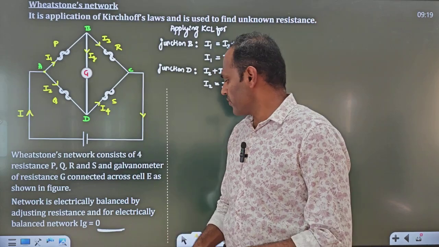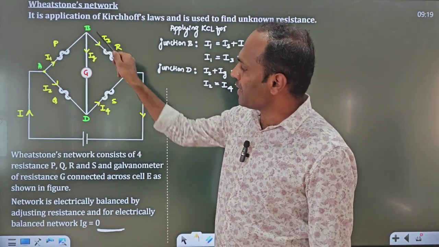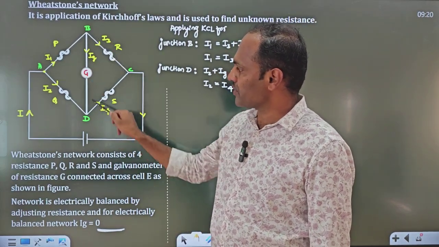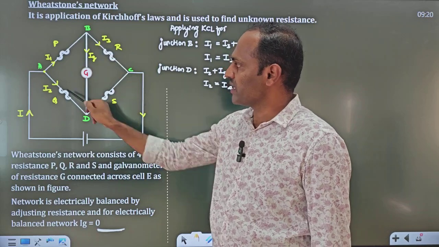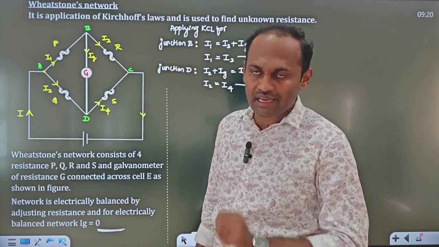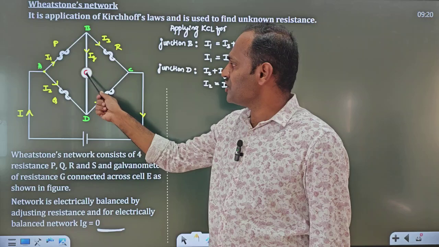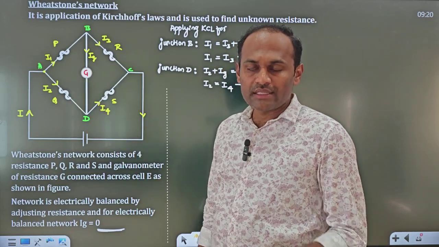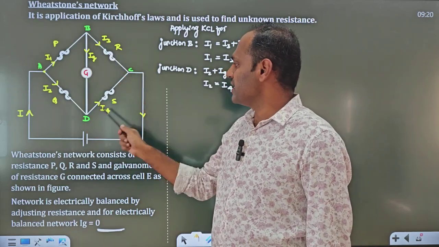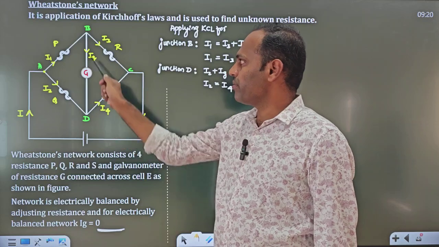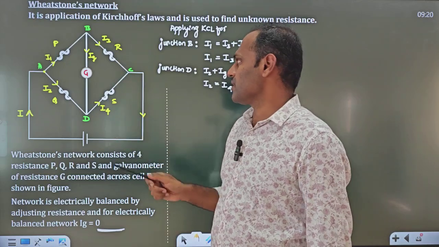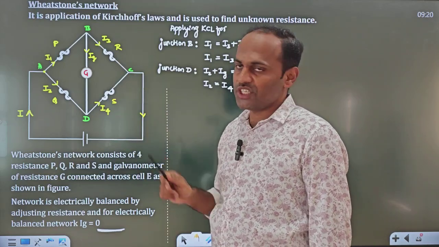Remember, the first loop is A, B, D, A, the triangle you are observing here. In that loop there are three resistances: P, G, Q. The second loop is B, C, D, B. In it we have three resistances: R, S and G.